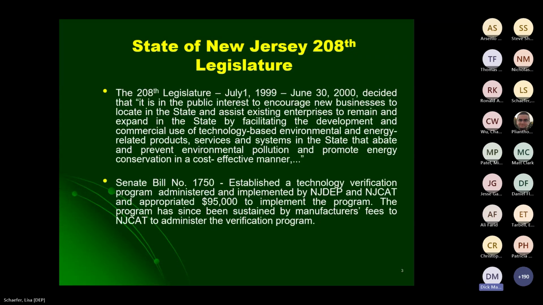The program then became formally established the same year, and the legislature appropriated $95,000 to implement the program. I'm proud to say that the program has since been sustained by manufacturers' fees to administer the program. So the only cost to the department, which is not insignificant, Chang Hai would know that, is preparing the certification letters. Next slide.